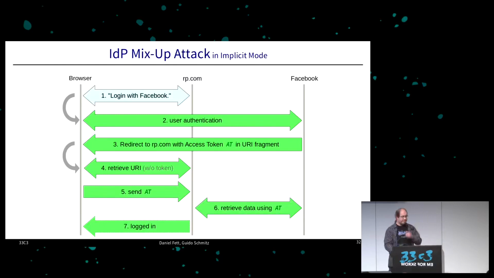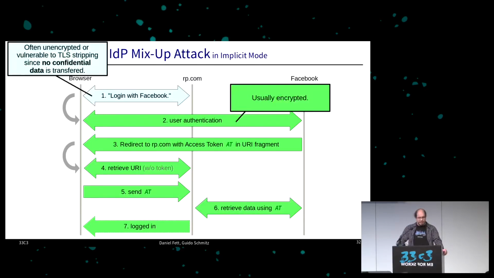Here in this attack, we have the following setting. From step 2 on, all these requests are usually encrypted, but for the very first request, we cannot be sure it is encrypted, because a lot of web relying parties, when you go to their website, you go over HTTP.